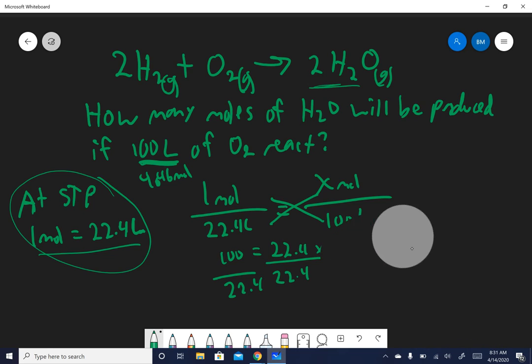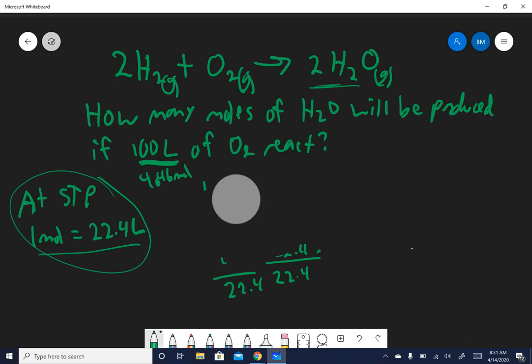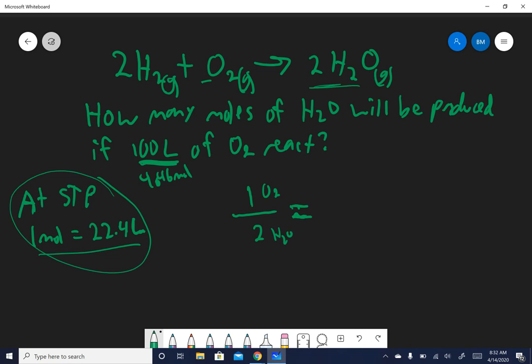So I'm going to erase this. Now I can do my regular 1 to 2. 1 to 2 is equal to, so here's my O2, here's my H2O. Sorry, that's messy. 1 to 2 is equal to 4.46 moles of O2 to X H2O. Now I can answer the question. So how many moles of water if 4.46 moles of O2?